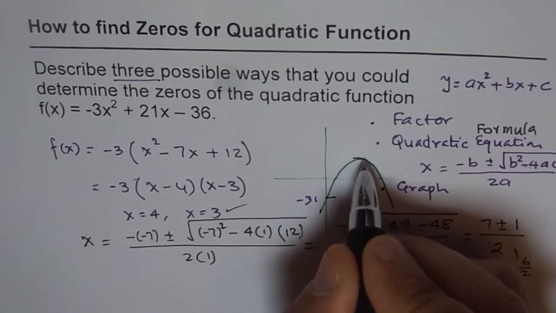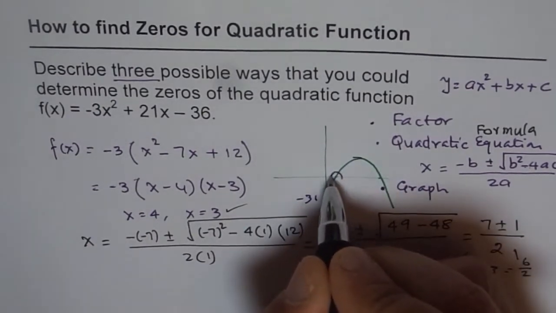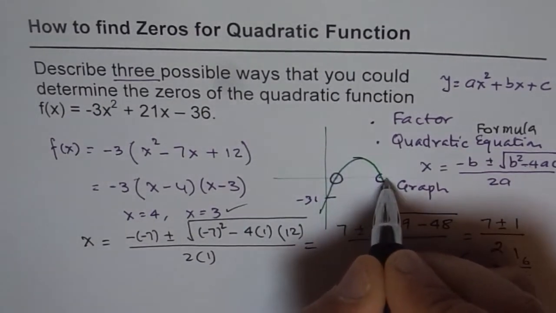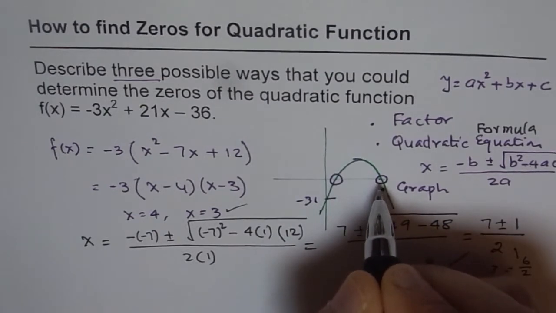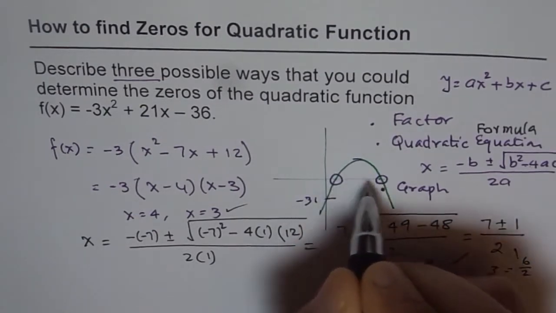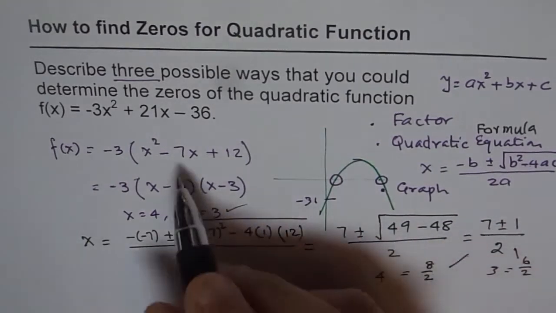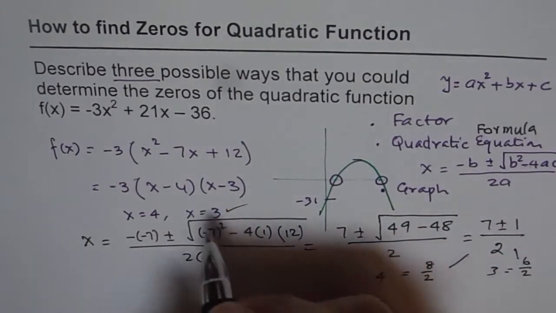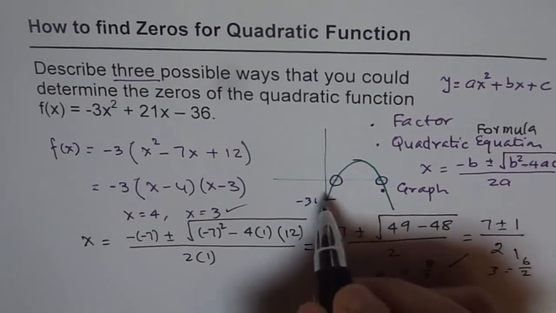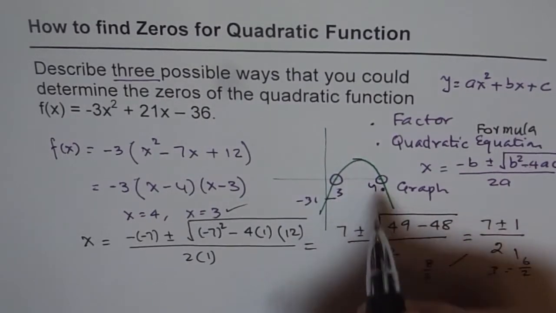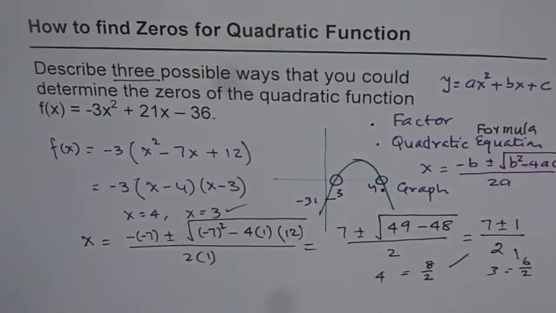But this is not your solution. Your solution is these points, the points at which the graph crosses the x-axis. Do you understand? Those are the solutions you're looking for when you sketch a graph. If you sketch a graph of this function, you'll find these x-intercepts at 3 and 4, and that becomes the solution for your quadratic function.